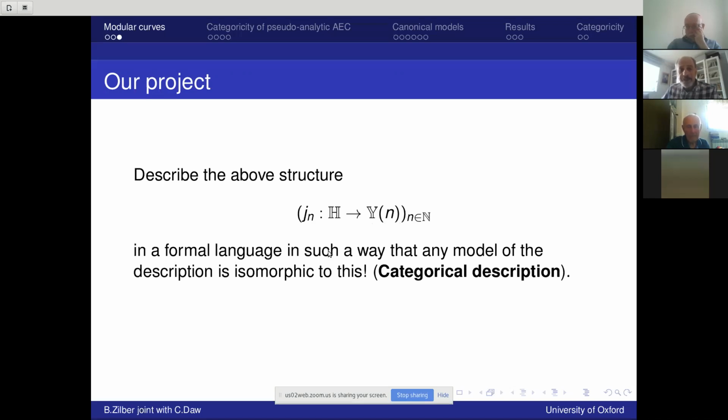So we want a description, we call it a theory of this structure, but the one that determines the structure uniquely up to isomorphism.